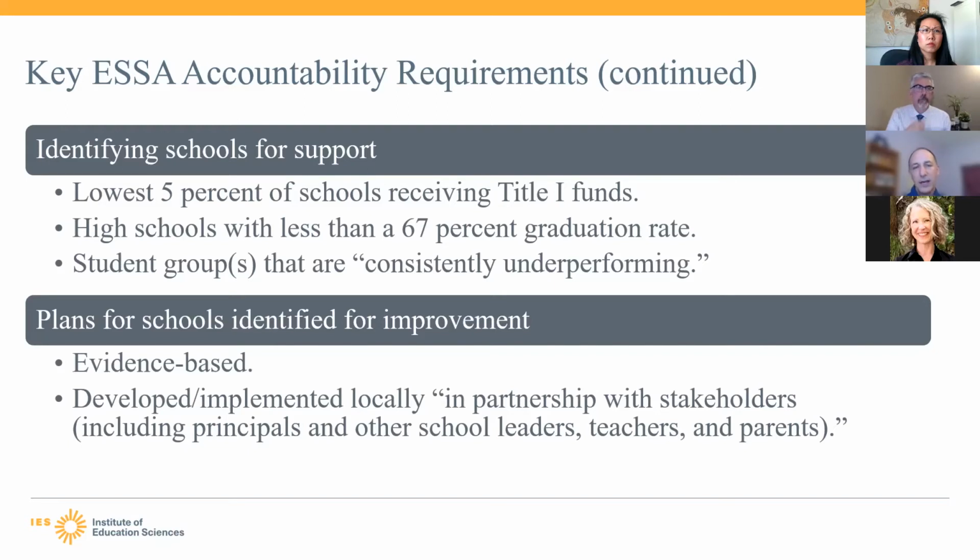And again, for a school that has an English learner student group that is underperforming, there may be the trigger here on this third bullet. Plans for improvement need to be evidence-based and developed and implemented locally in partnership with stakeholders. And that's specified as principals and other school leaders, teachers, and parents. Next slide.